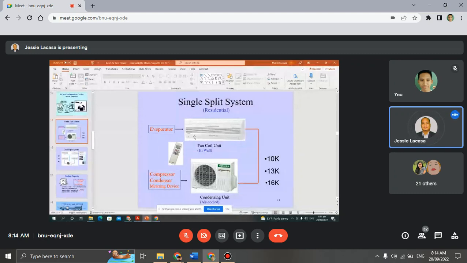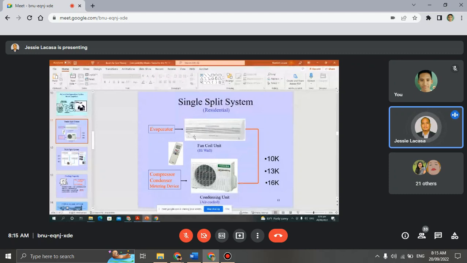Then for the multi-split system, ang ratio niya is one condenser to multiple evaporators. So usa lang ka condenser ang pagana diri sa imuhang evaporator. Okay, so that is multi-split.